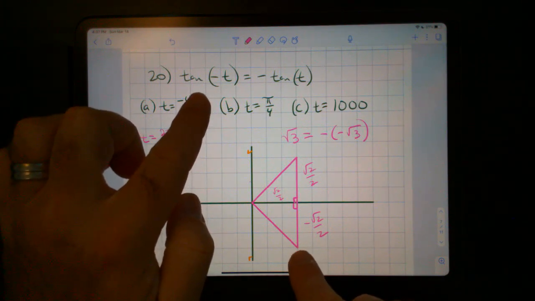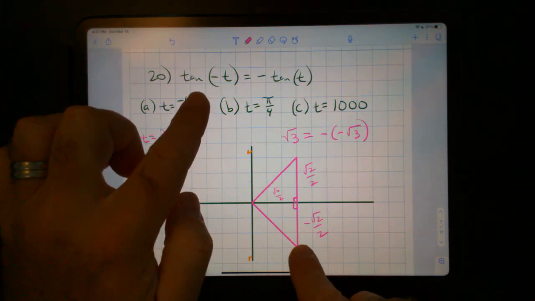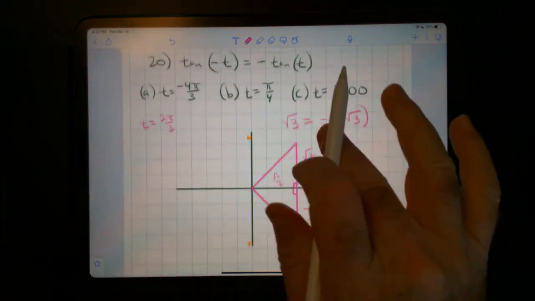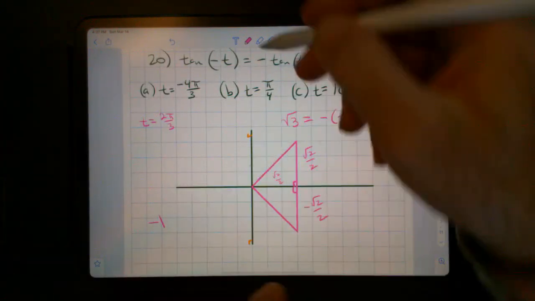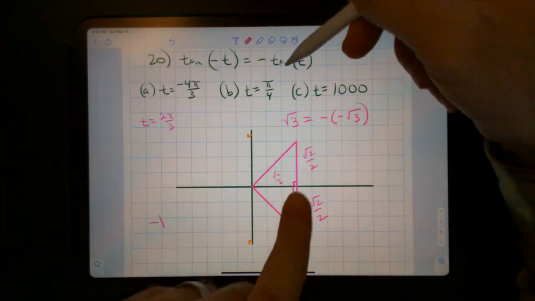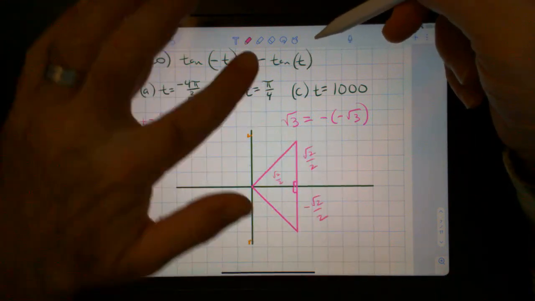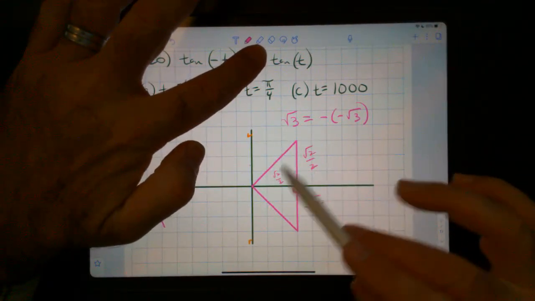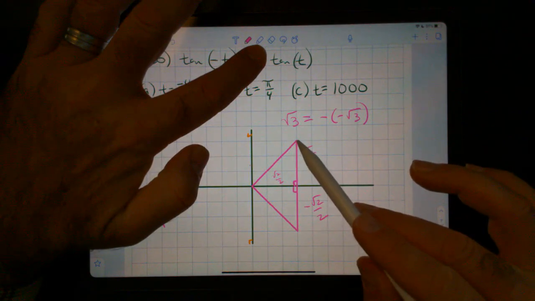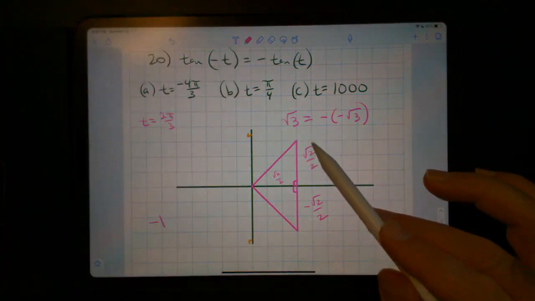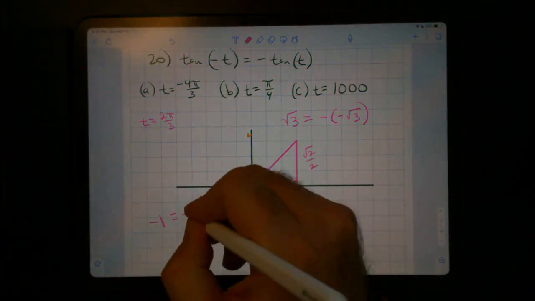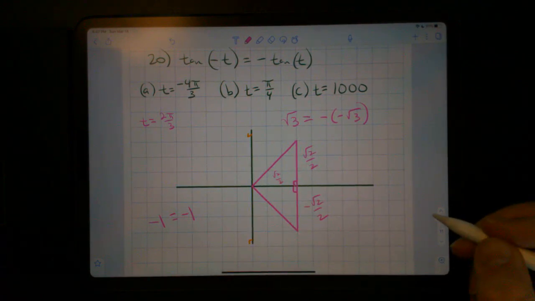So this point here would be negative 1. And this is going to be tangent 45 degrees. This is positive 1. And then we're going to apply the negative to that. You see that negative 1 is indeed equal to negative 1.